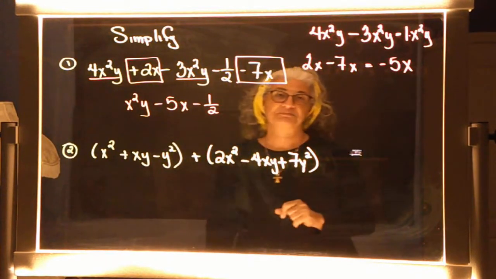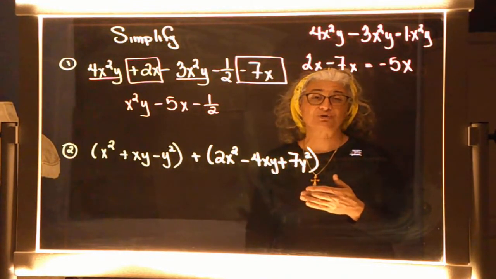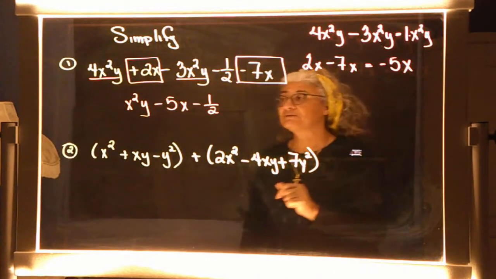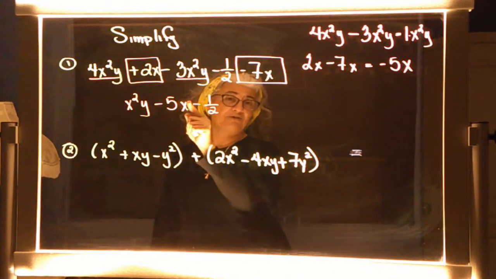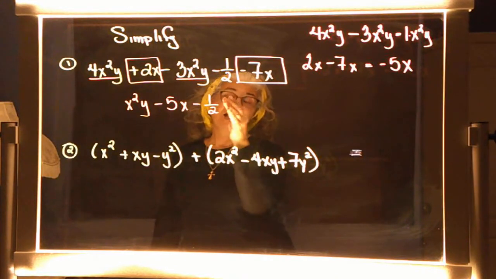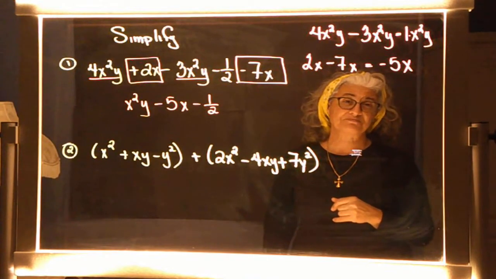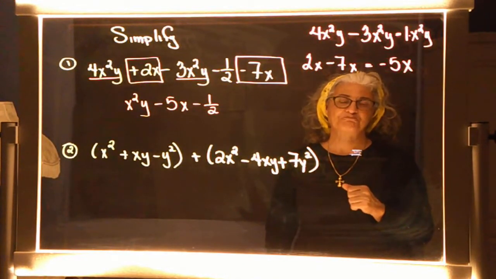The X or the Y? Good, the X comes first. So I have to put this in descending order with respect to the X's. So, we have X to the second written first, x to the power of 1 written next, and then I have a term with no x's. So would that be in descending order? Yes, it would. Cool? Okay.